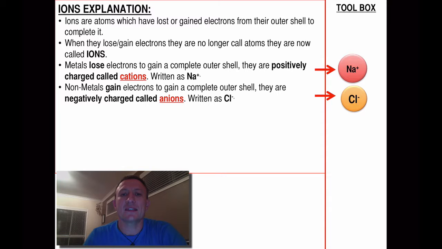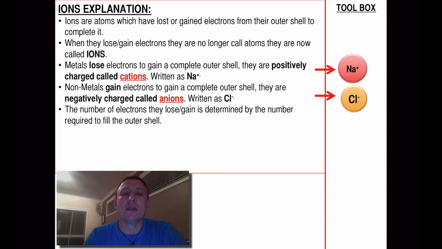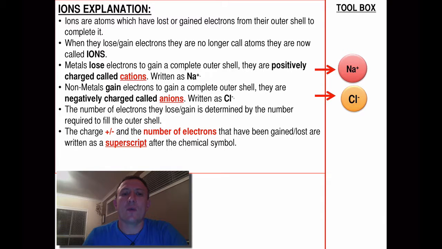Now, the number of electrons that you gain or lose is determined by how many it requires to fill the outer shell. So in the case of sodium, sodium has to lose one electron. Now, we can see that the number of electrons can be written as a superscript after the chemical. If you look at sodium here, it's just got a single plus.